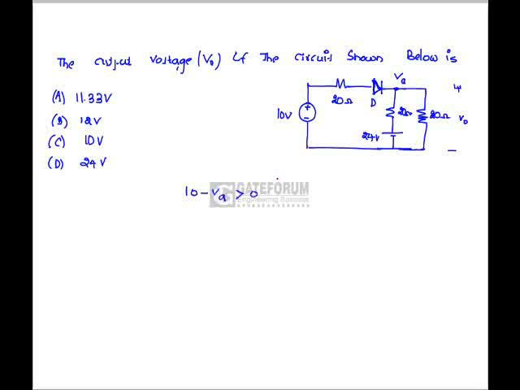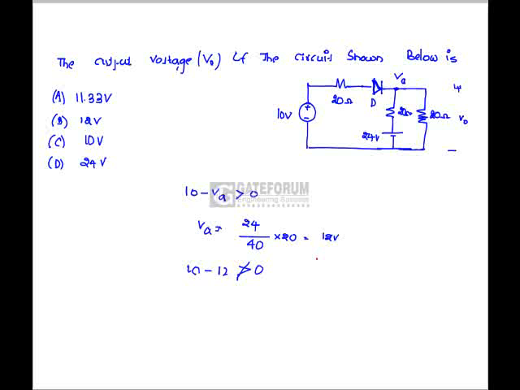So first we have to find VA without the diode. Remove the diode, so it is open circuited here. Because of 10 volts, nothing results at node VA, but because of 24 volts present here, a voltage VA develops. VA is 24 divided by 40 into 20, which is 12 volts. So 10 minus 12 is not greater than 0. It means the voltage across the diode is negative, hence it is not going to conduct. It is in off state.